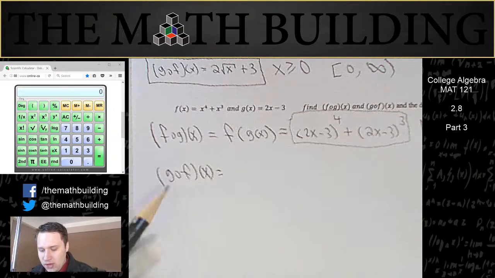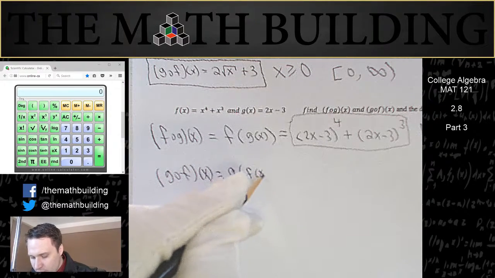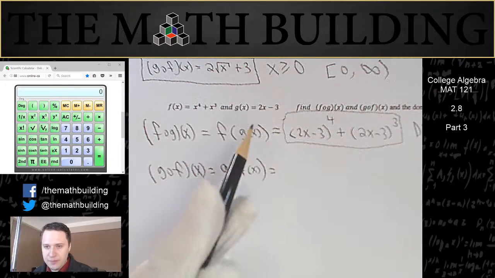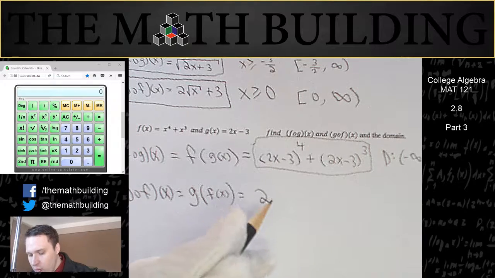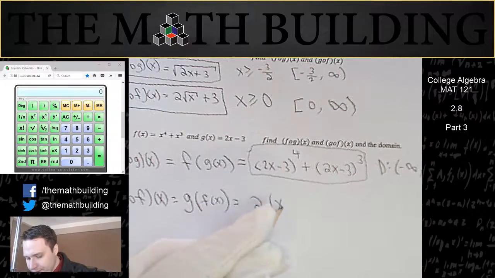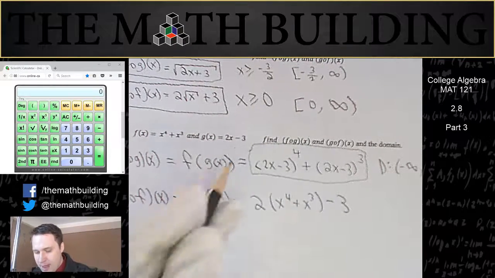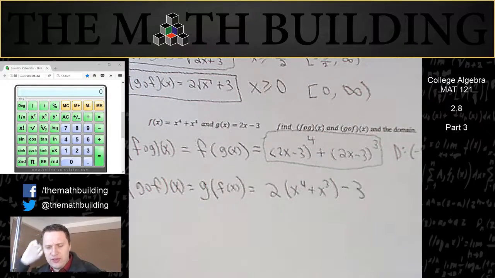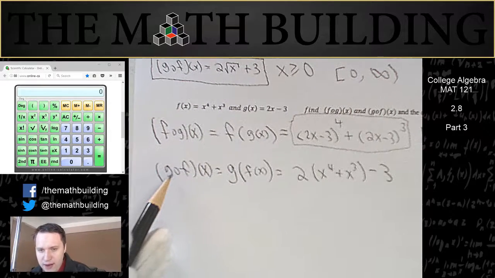Remember, that means g is our parent, and every time we see an x, we're going to replace it with f of x. Okay, so let's start with g. It's 2x minus 3, so that's 2. We see an x, so we're going to replace that with f. And then minus 3 at the end. So one way you can do this, if this is kind of confusing for you, is start by writing your parent function.